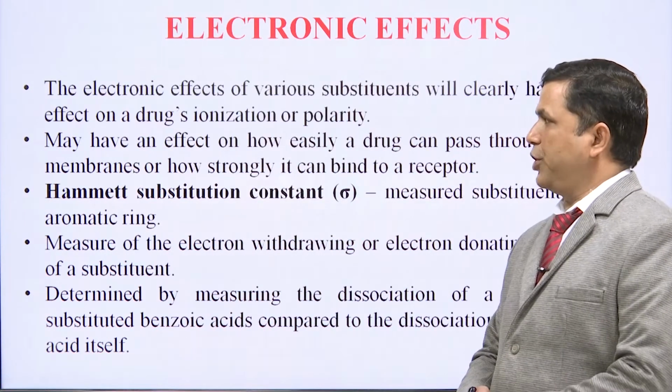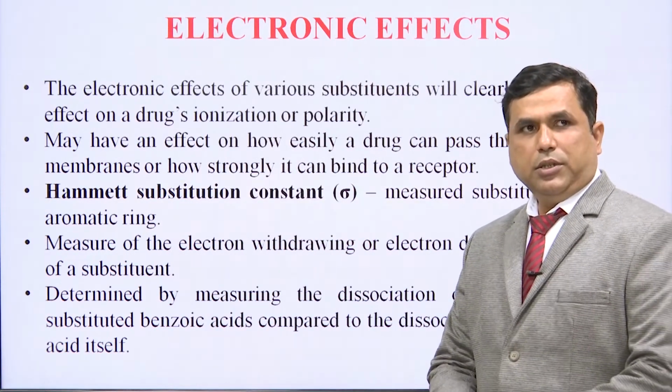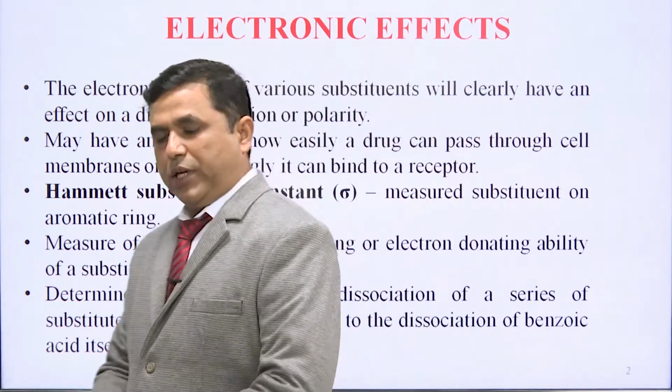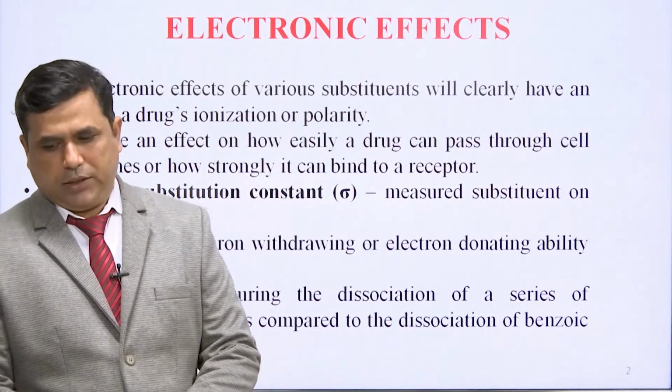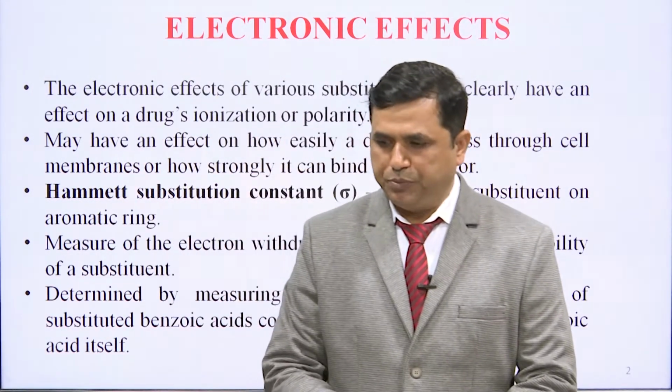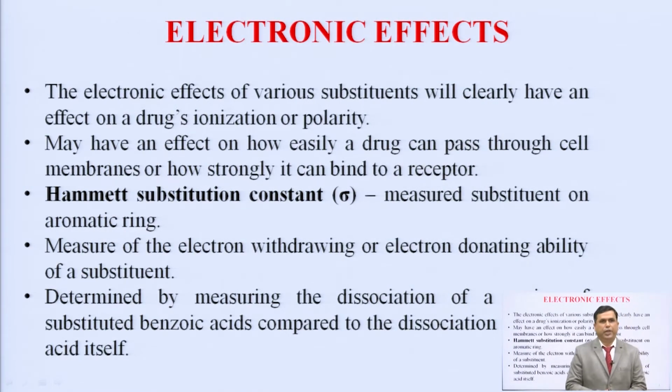So, what are the electronic effects? The electronic effects of the various substituents will clearly have an effect on the drug ionization or polarity. In quantitative structure activity relationship, we are substituting the molecule with various types of substituents.